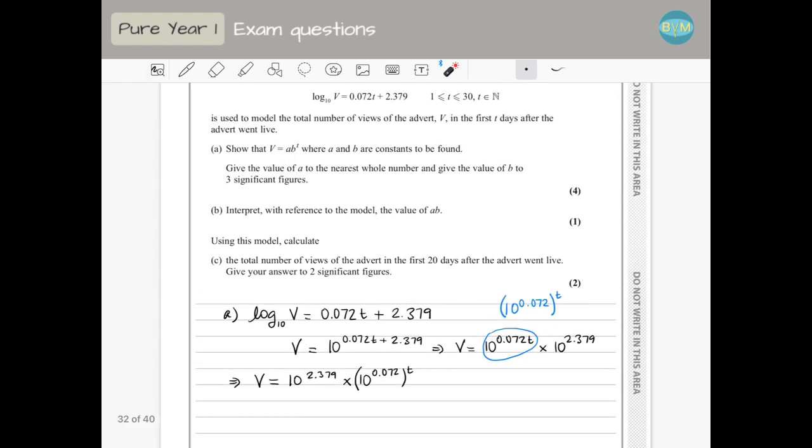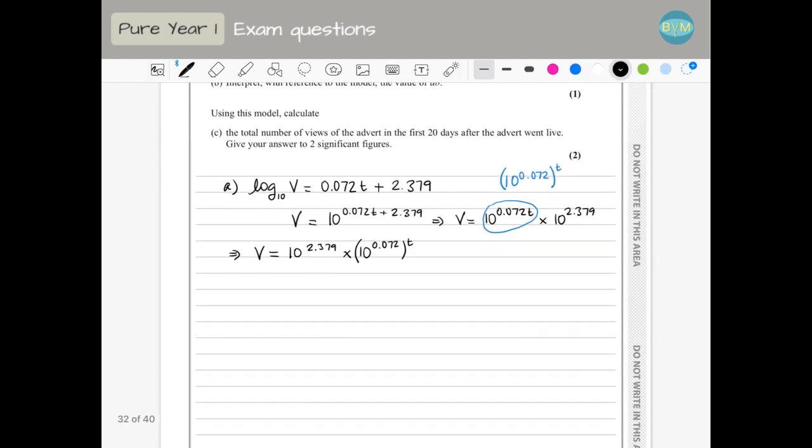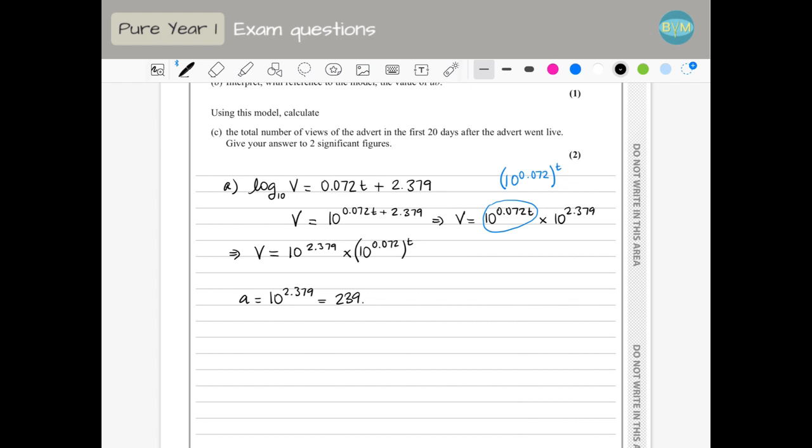So we have a constant, which is this one, times another constant, which is this one, to the power of T. So this is A and this is B. A is going to be 10 to the power of 2.379, which is 239.33.